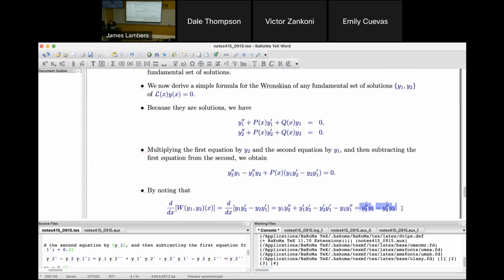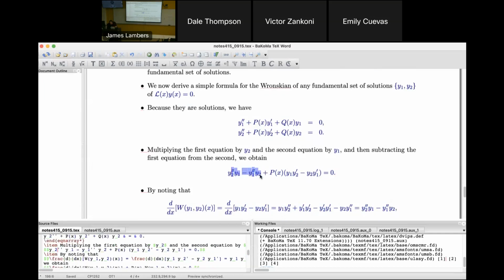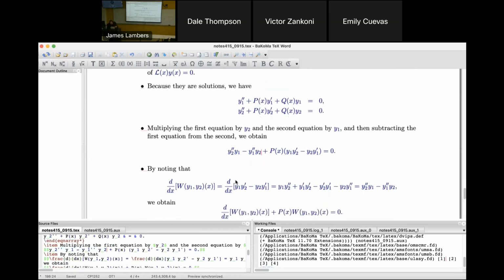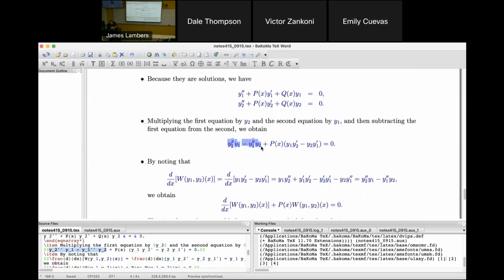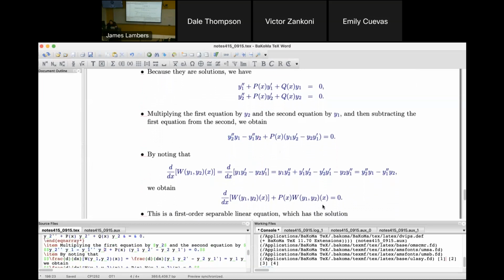And we're left with this, which is exactly what you have here. So, in other words, we have a derivative of a Wronskian plus p of x times the Wronskian is 0.